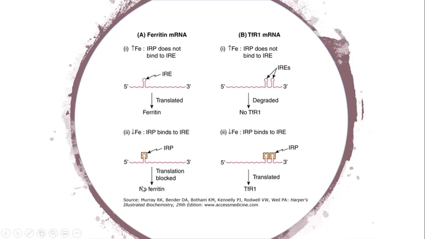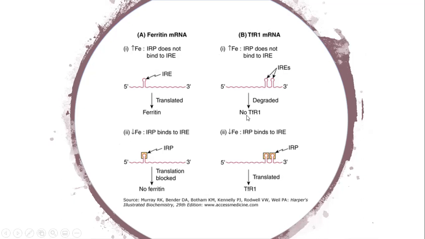Next, in the transferrin receptor, if you have high intracellular iron, that would again block the binding of the IRP to the IRE in the 3' region. If that happens, this mRNA would be degraded and no transferrin receptor is produced.